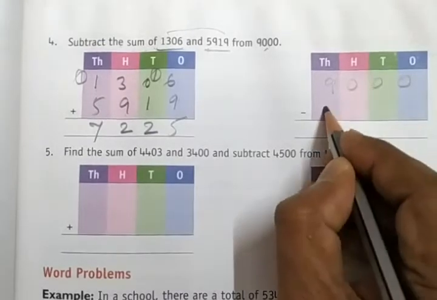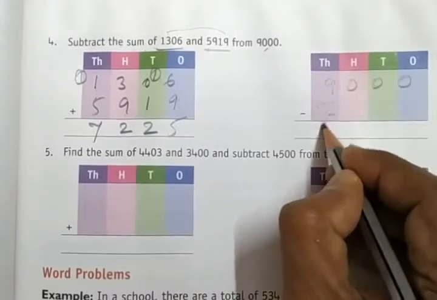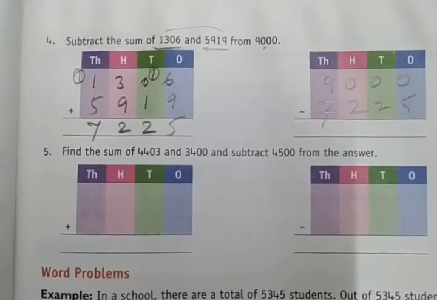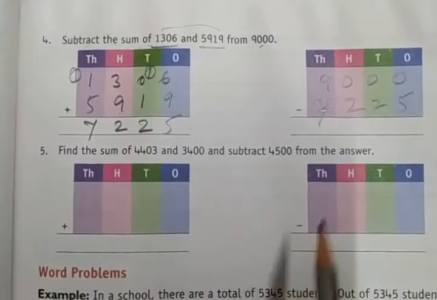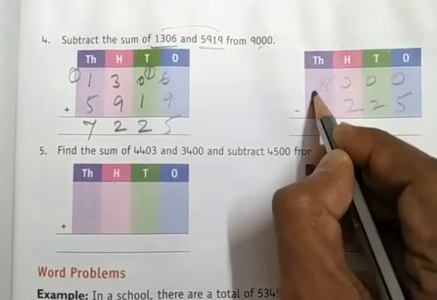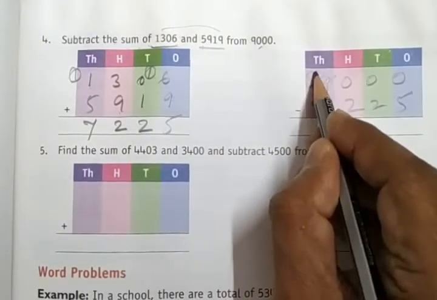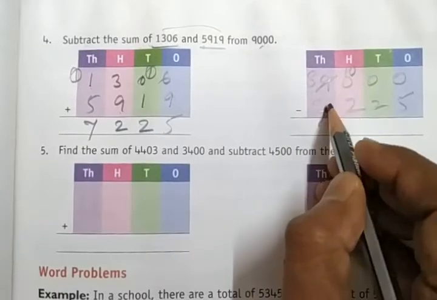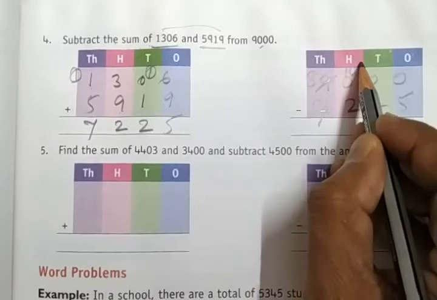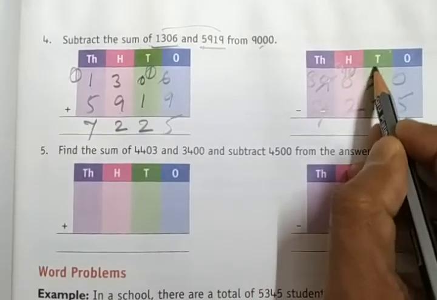minus 7225. Okay, how to subtract this from 9000: here it is 0, 0, 0. So first what you have to do is borrow from 9, it will become 8, and this will become 10. Okay, 10 hundreds. Now if you borrow from hundreds, it will become 9 here and it will become 10.